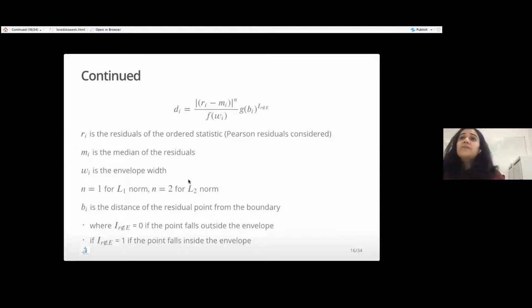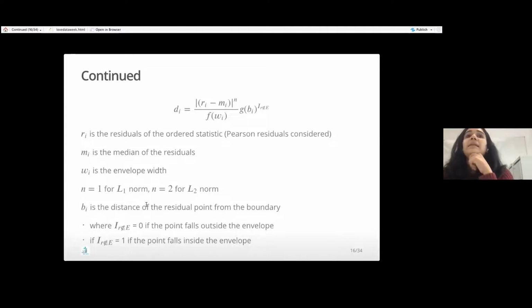So we jump right into the distance framework: d_i is equal to |r_i minus m_i| raised to n, into g of b_i with an indicator function, divided by f of w_i. And r_i minus m_i is the base distance, calculated for both the L1 and L2 norms. r_i is the residuals of the ordered statistics; what we considered here is the Pearson residuals, and m_i is the medians of the residuals.